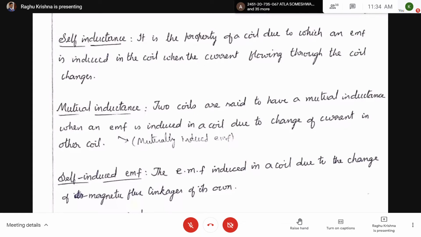So two coils are said to have mutual inductance when an EMF is induced in a coil due to change of current in the other coil. The EMF induced in the first coil is the self-induced EMF. The EMF induced in the second coil is the mutually induced EMF. So two coils are said to have mutual inductance. Next.